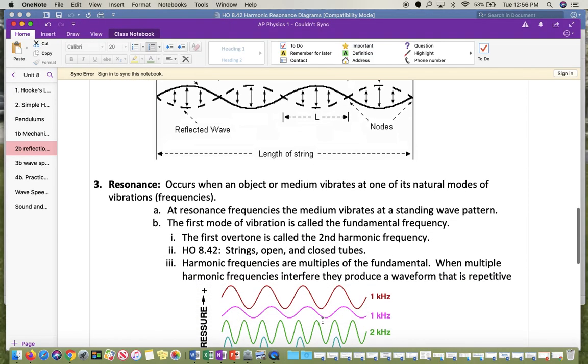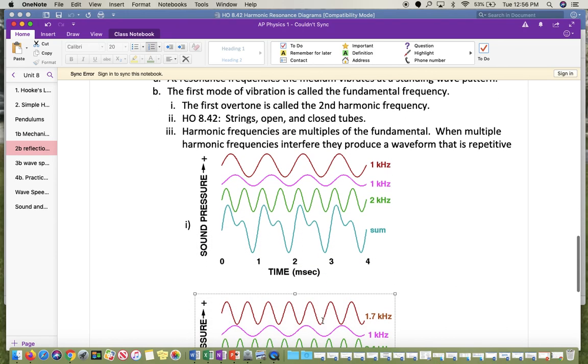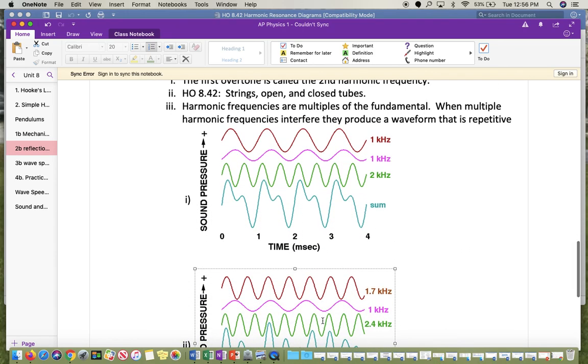And here's basically what happens when we're talking about harmonic frequencies. If we're thinking about a single string, we can get different standing wave patterns to form on that string. And if we have multiple strings vibrating at different standing wave patterns, as long as they are all vibrating at one of the harmonic frequencies, we can then overlap all of those vibrations to form a repetitive wave.